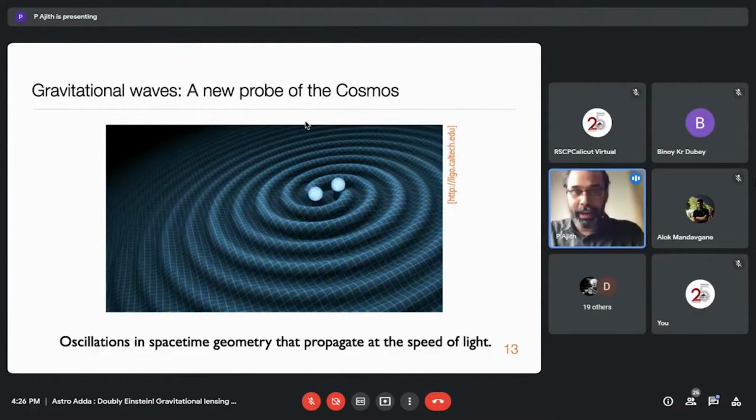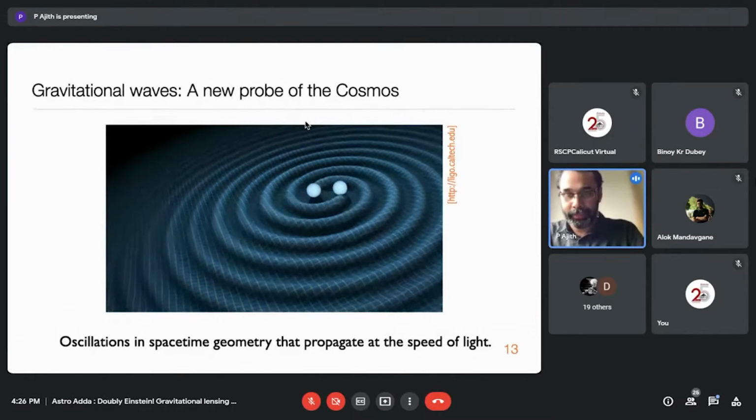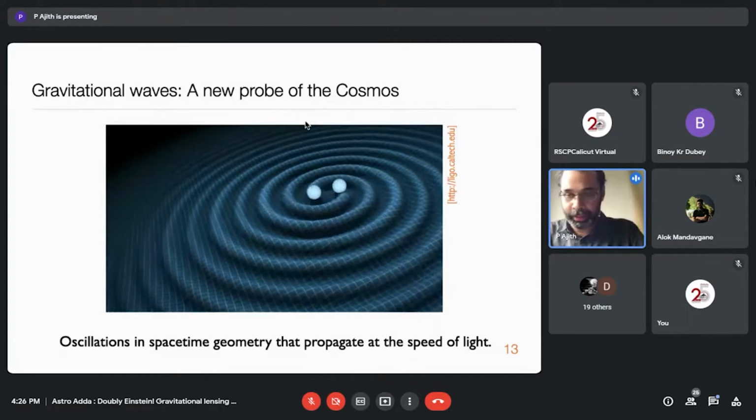And the one prediction that was directly verified very recently is the existence of gravitational waves.